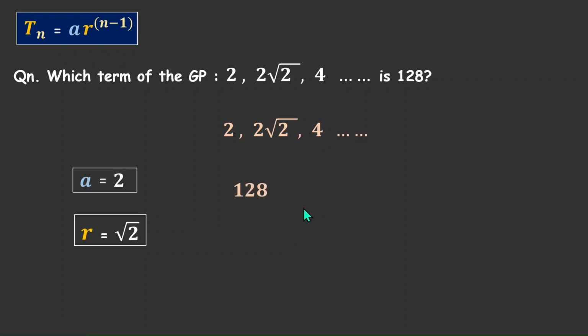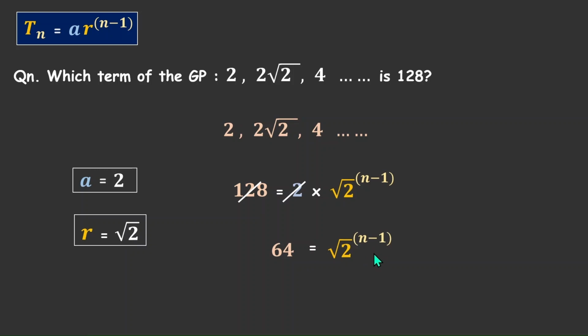So 128 is equal to A, which is 2, into the ratio root 2 raised to power n minus 1. Now 2 into 64 is 128. So we can cancel 2 and 128 here. We have 64 is equal to root 2 raised to power n minus 1.